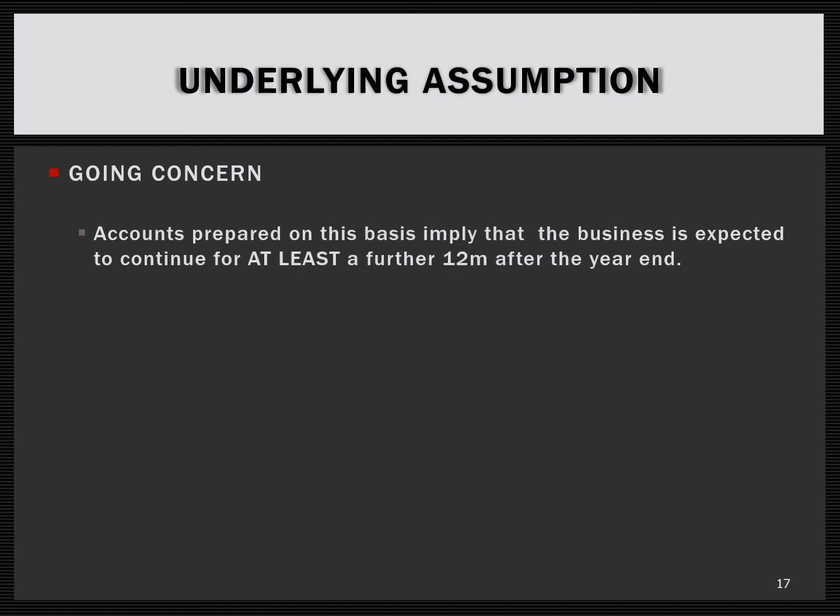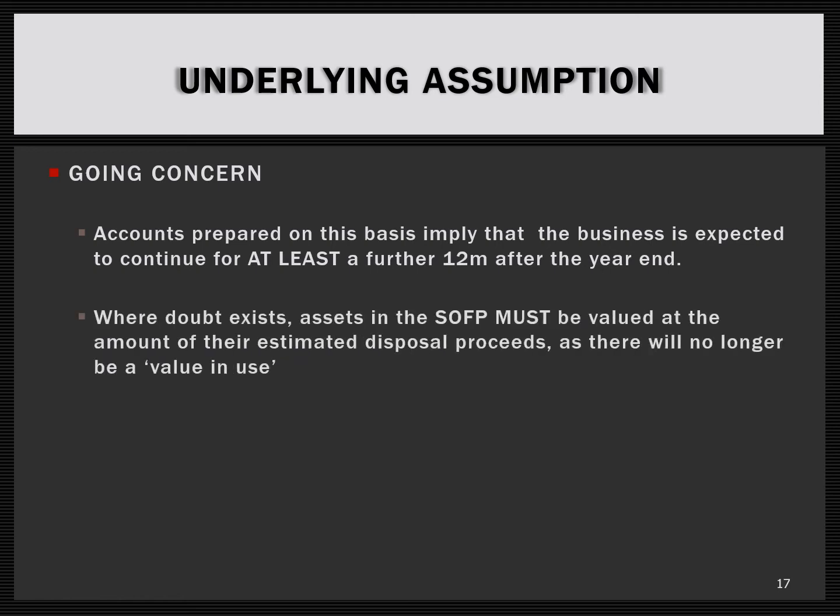And the main underlying assumption when the accounts are being prepared is that the company will continue as a going concern, and that means that we expect the business to continue for at least another 12 months after the period end.